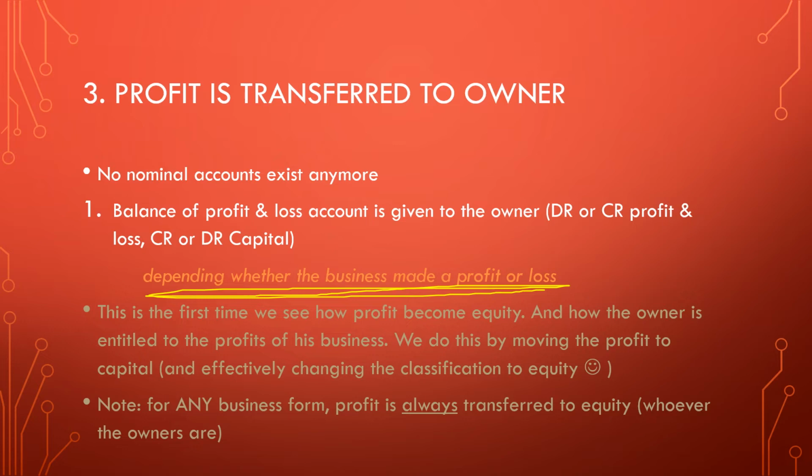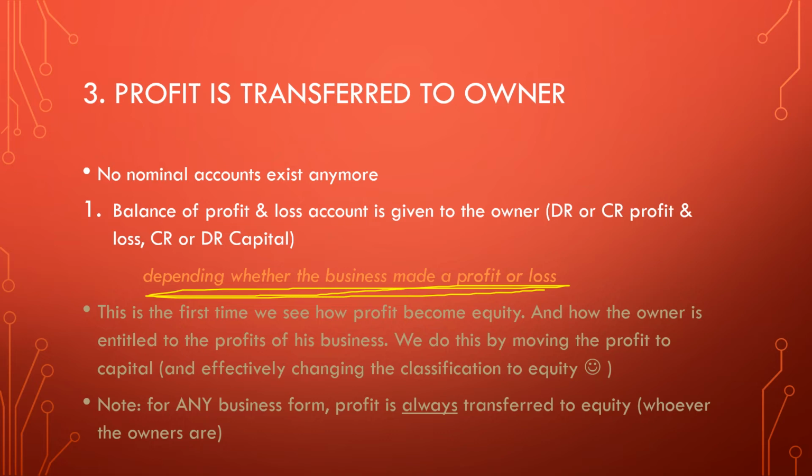So it depends on whether your expenses are bigger than your income, in which case you'd be making a loss. You still transfer that to the owner. That doesn't change. So you just follow your debits and credits. Irrespective of whether you're making a profit or loss, it will always go to the owner, but your debits and credits have to make sense.